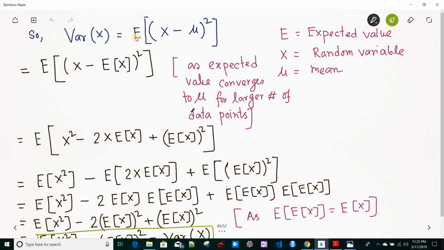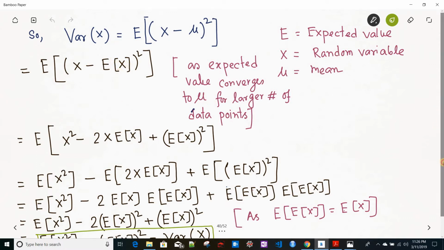Previously we talked about when we do an experiment a fairly large number of times, that means infinite times, our expected value converges to the mean. So mu I can write as the expected value of X only. That is what we have written over here.